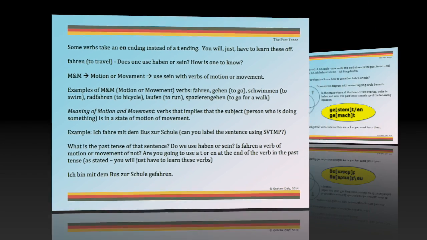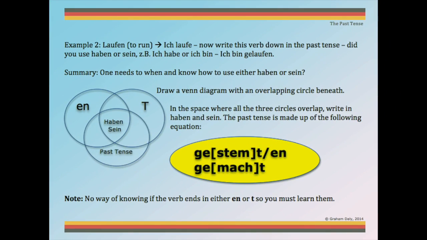I'm going to give you another example using the verb laufen, L-A-U-F-E-N. So, ich laufe, I run. I want you to write down how you would put ich laufe in the past tense. Okay, what did you get? Did you use haben or sein?